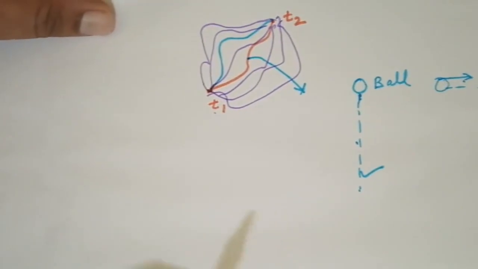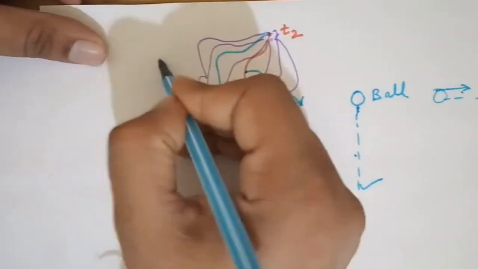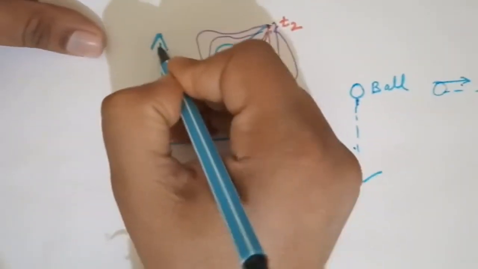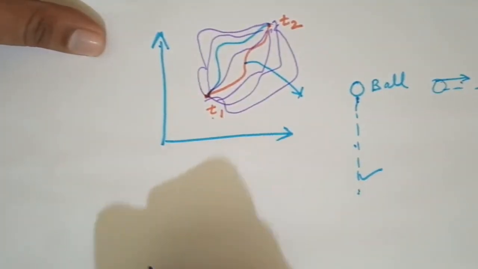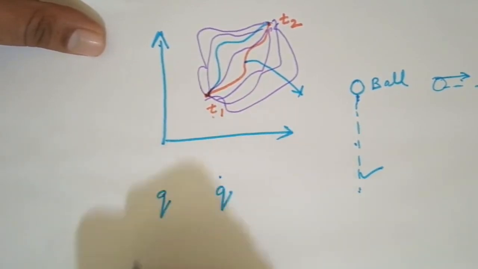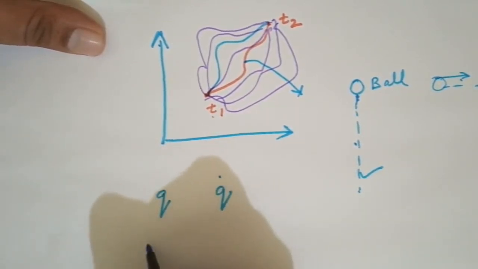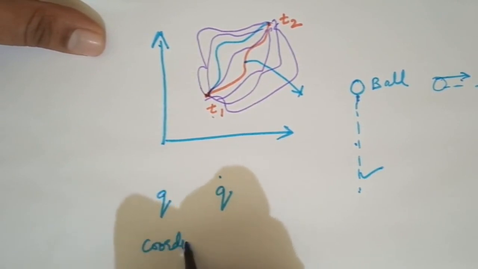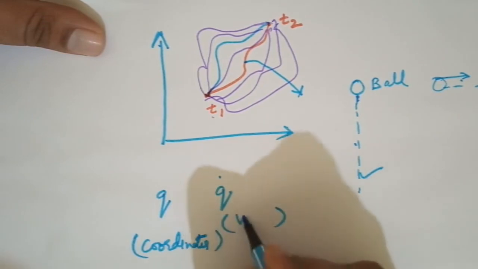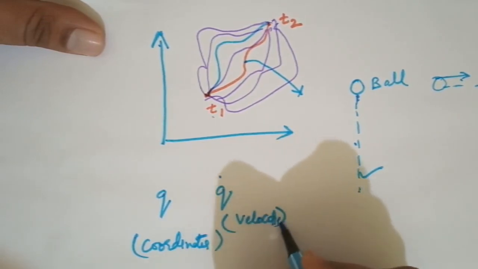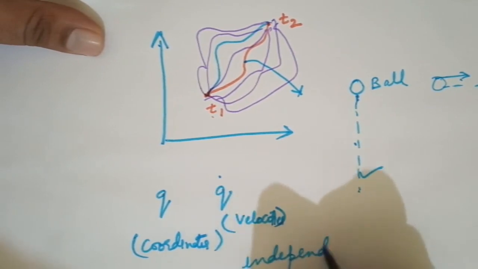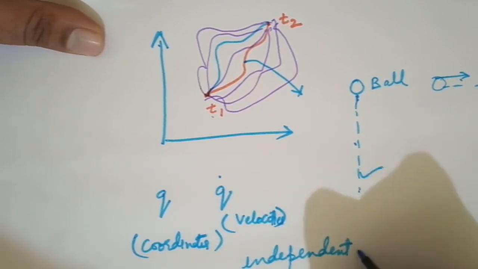Now what I am doing here is taking generalized coordinates, say q and q dot. So these are generalized coordinates and these are generalized velocities, and these are independent variables.